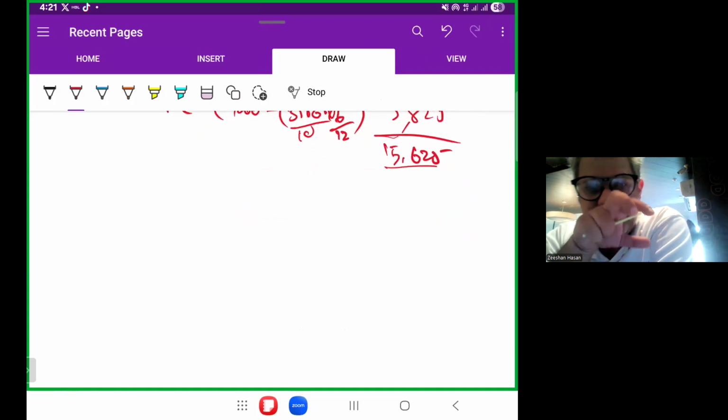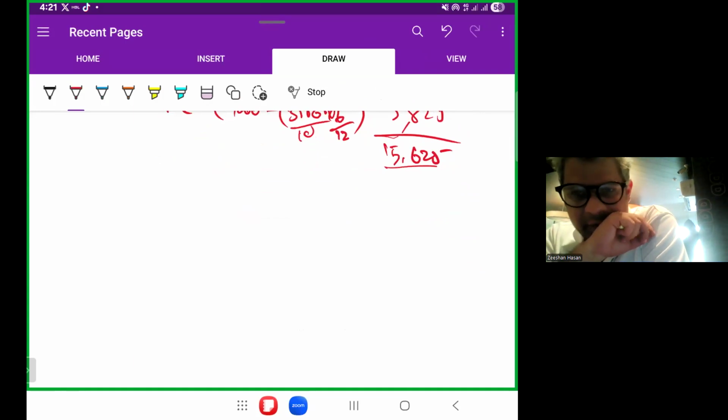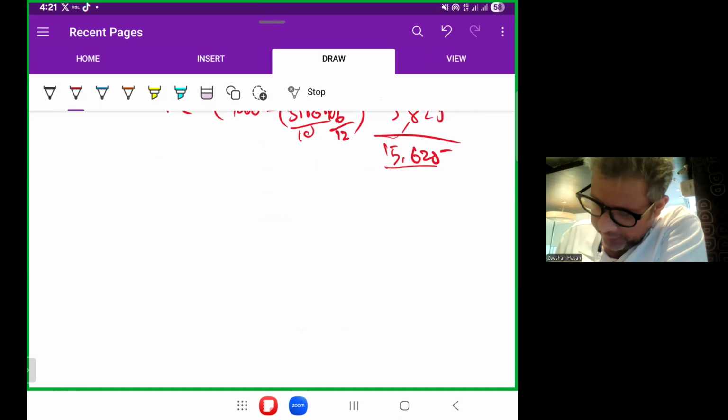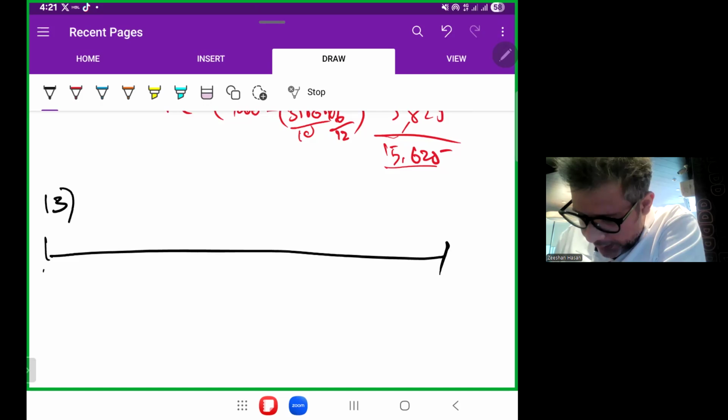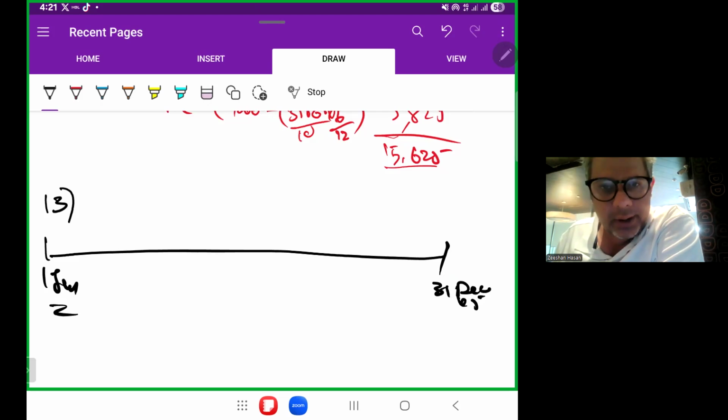So 6 months depreciation should be accounted for up to 30th June X5. That's for this question number 13. 1st January, 31st December. Six months depreciation should be accounted for up to 30th June X5, which is a 100,000 expense.